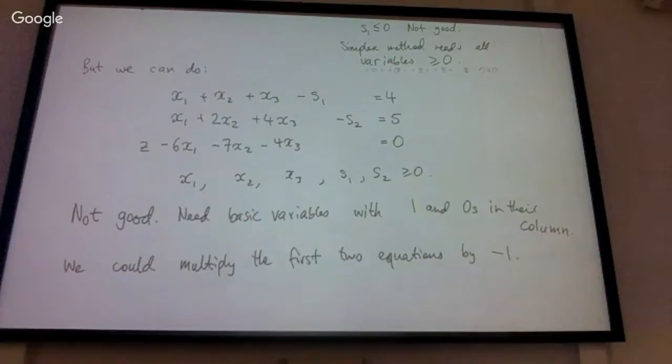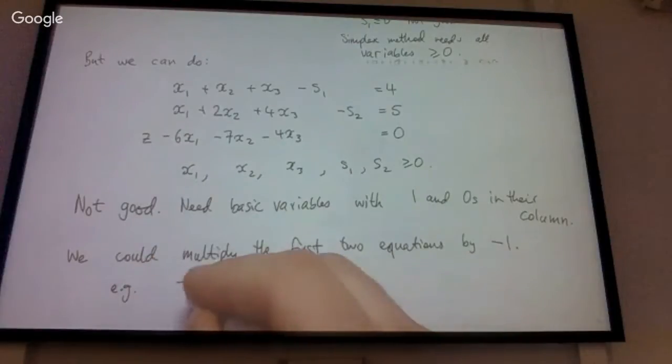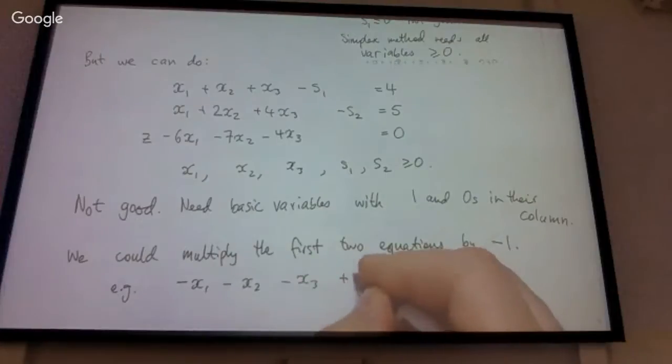And then the first one would be -x1 minus x2 minus x3 plus s1 equals -4.